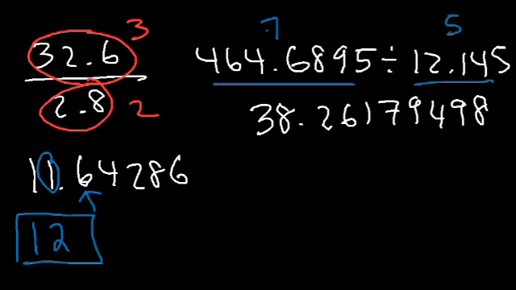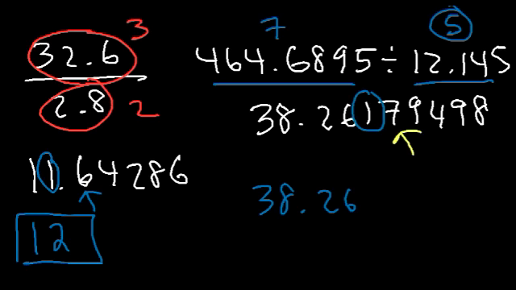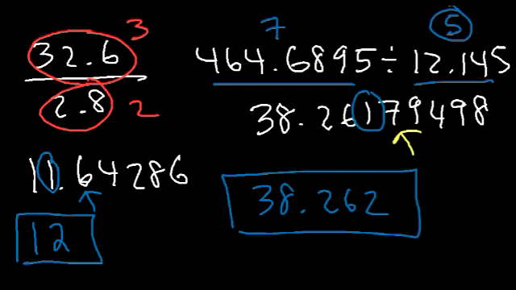Here we have 7. So we got to round to 5. So we're going to keep the first 4 sig figs the same: 3, 8, 2, and 6. The last sig fig is the one that we may have to round. So we're either going to keep it at 1 or round it up to 2. 7 is greater than 5, so we're going to round it up to 2. So it's going to be 38.262.